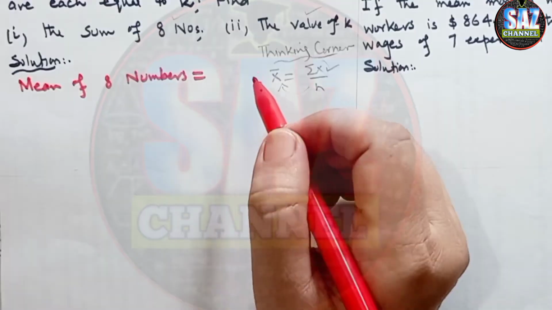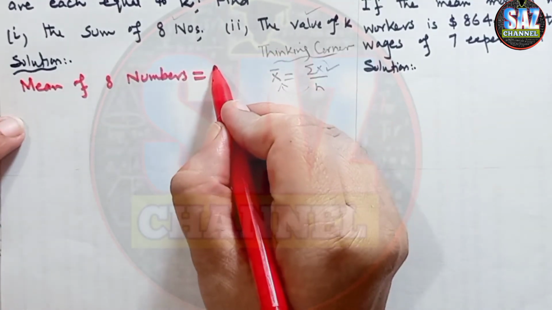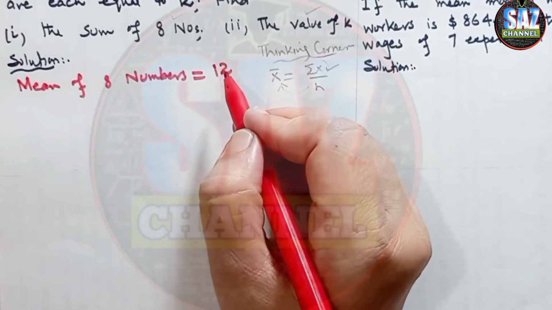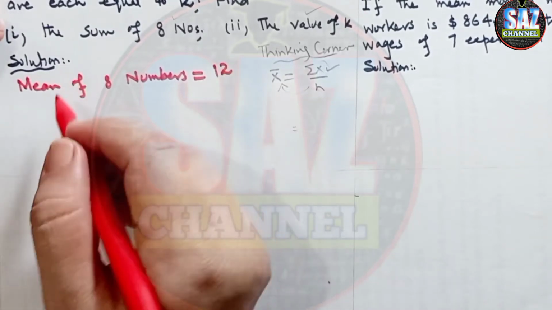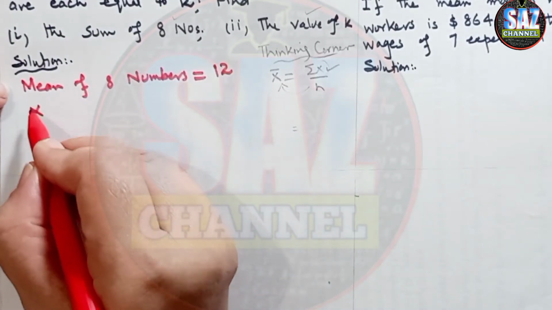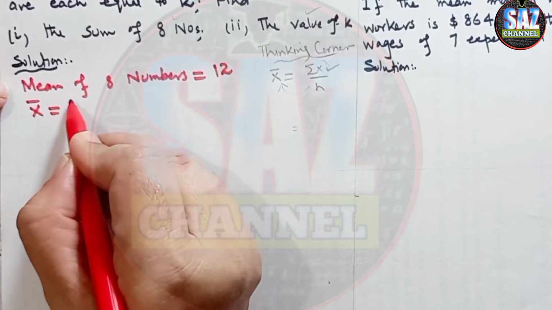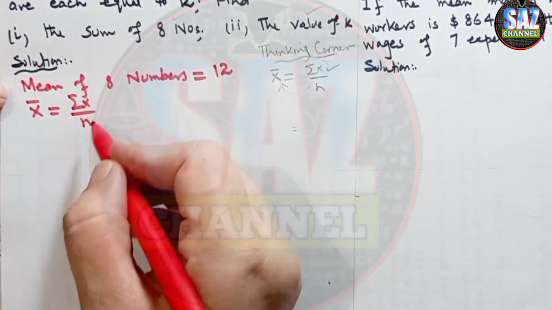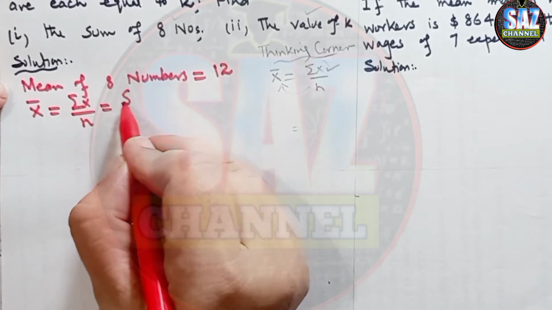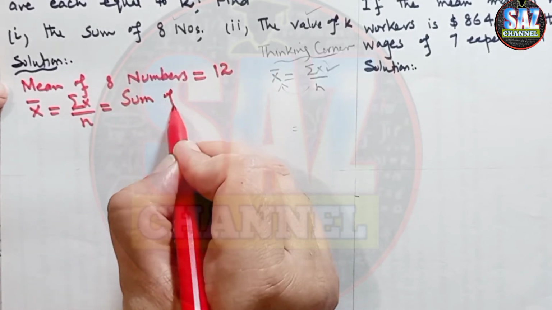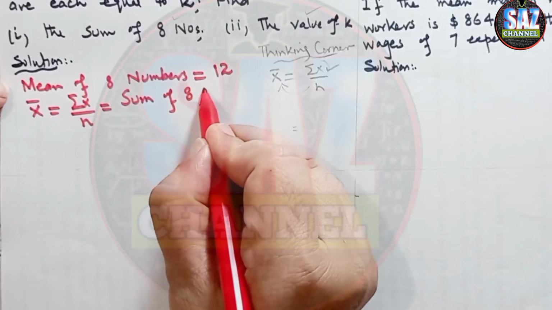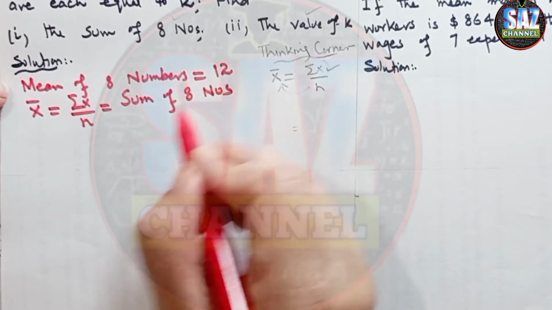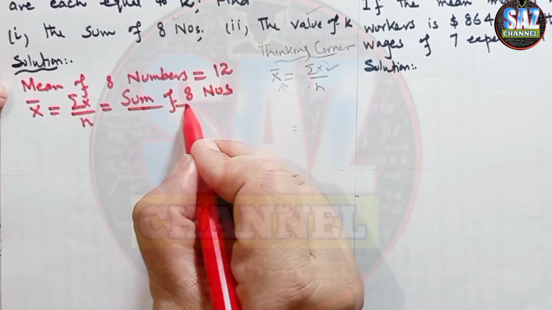It's given that the mean of 8 numbers is 12. Then the formula for the mean is x bar equals summation of x upon number of observations, the sum of 8 numbers upon the number of observations.